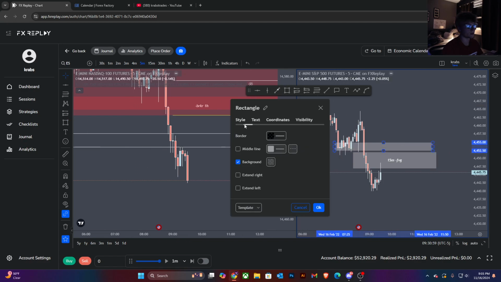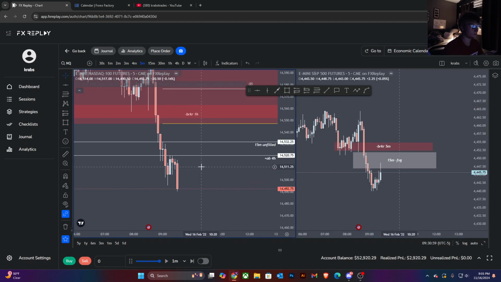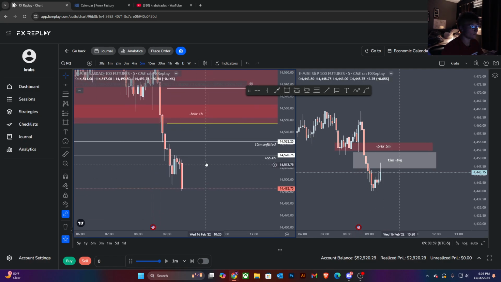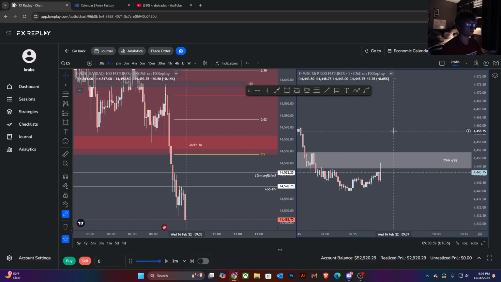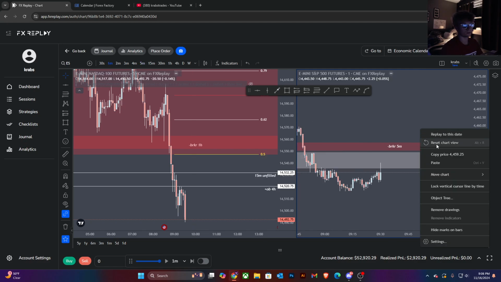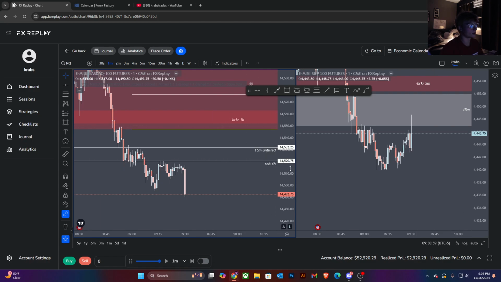Bearish 5-minute breaker. See how we open up. Looks like NQ's dumping.